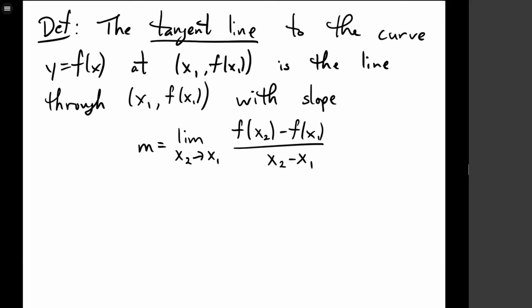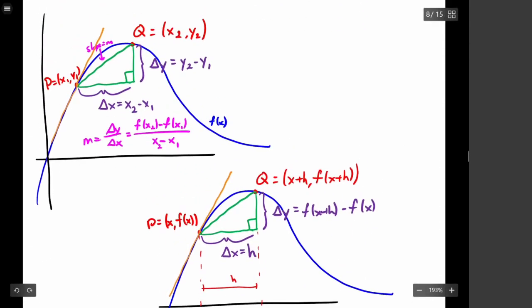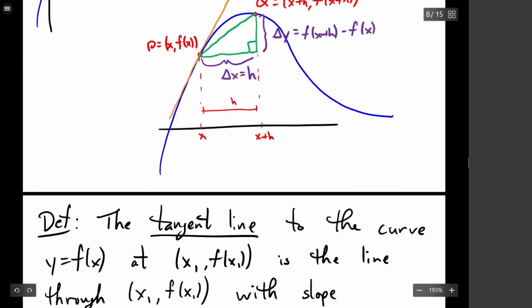So this is saying, x1, f of x1 is the point we're interested in. That's this point over here. What we're doing is saying, well, we're going to move out to any other point x2, and then we're going to keep letting that get closer and closer. That's the idea.